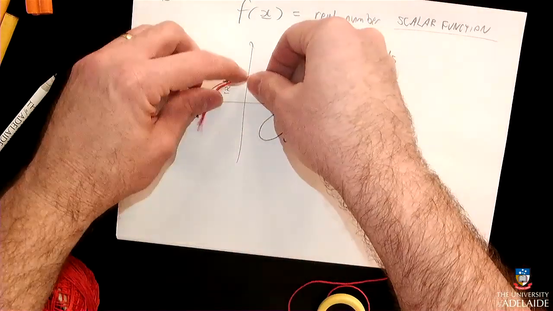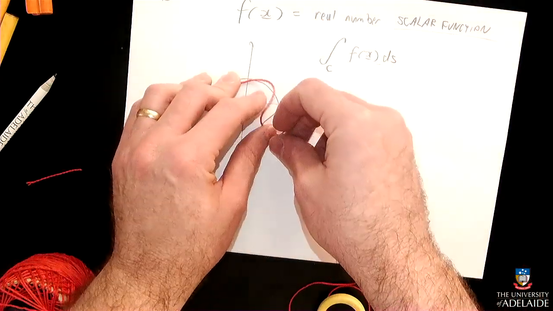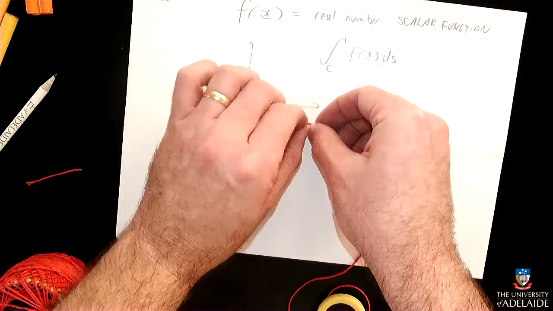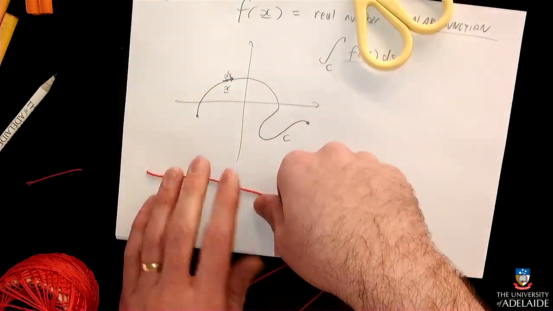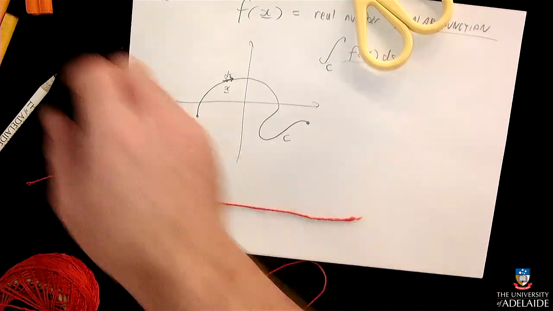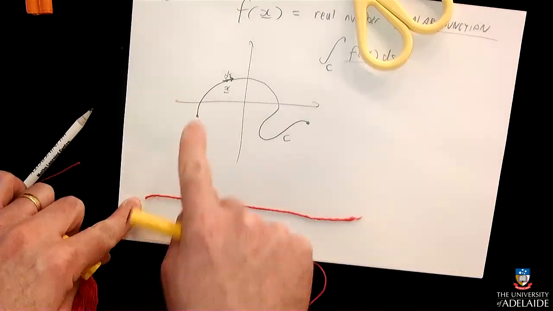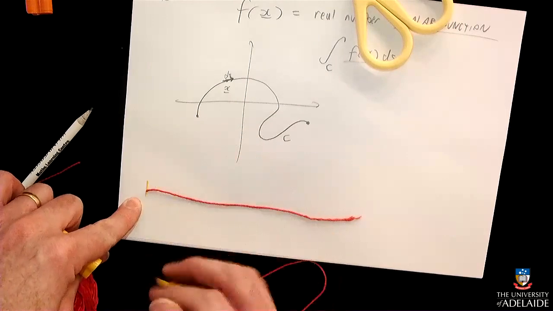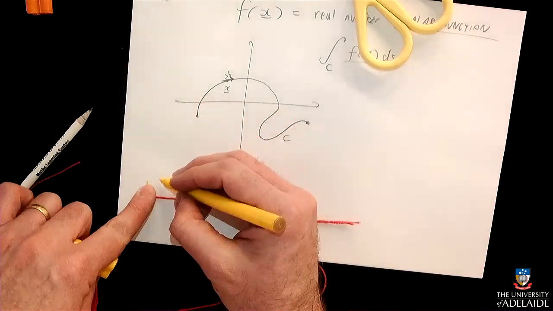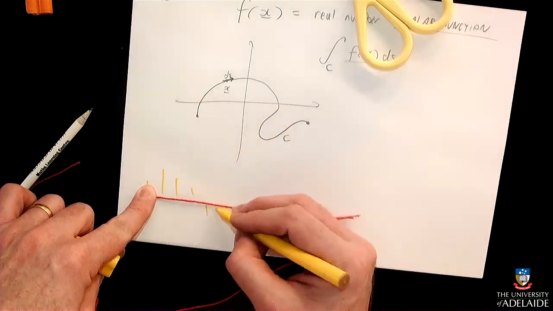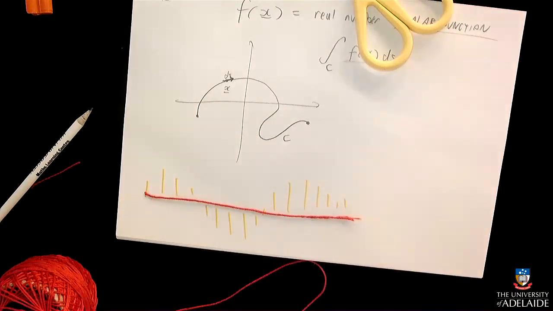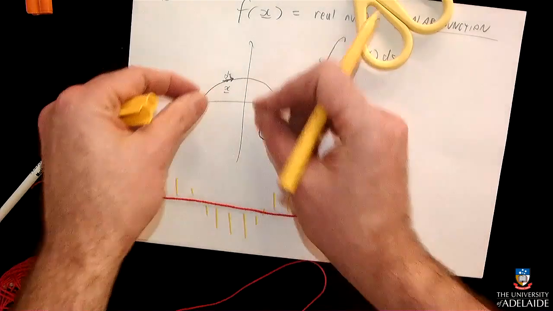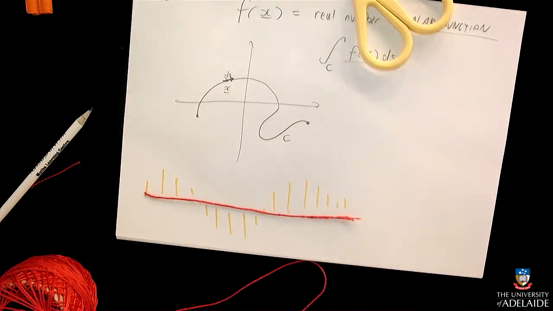You could take your curve and flatten it out and go, aha, each of those points. So this was this point and it had a function value, and maybe it's this. This was this point and it had a function value, maybe it was this. And you could collect together all of those and do that integral. So flattening out the curve into a straight line and doing the integral that we used to do in one dimension.